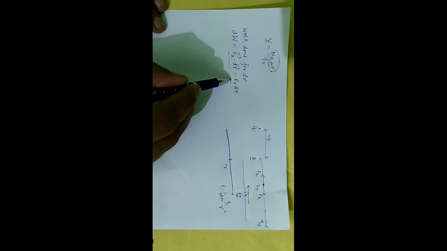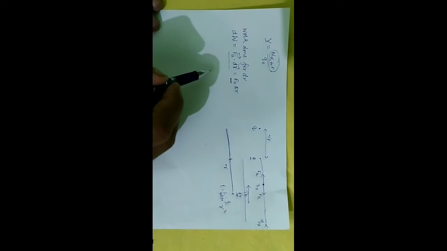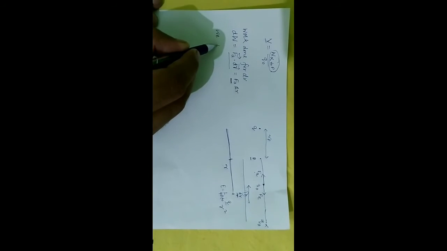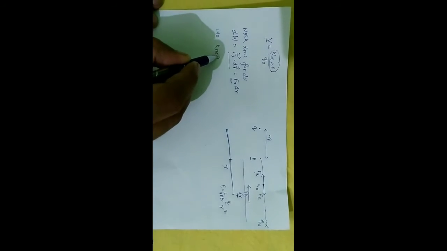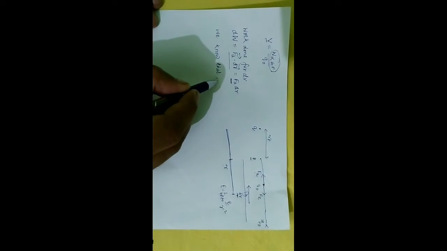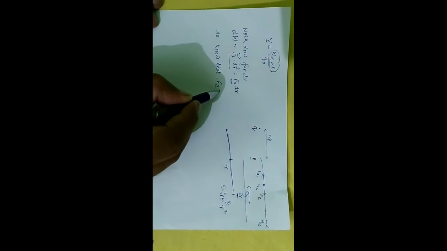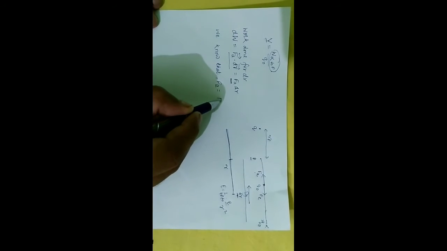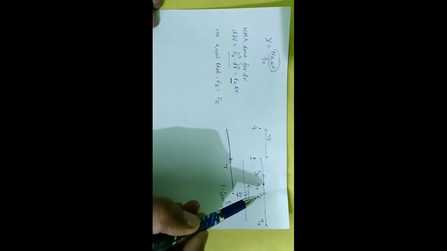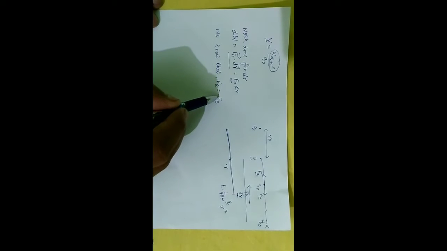Now calculate the value of this applied force. We know that the applied force is always equal to the repulsive force, as we have discussed already, but in the opposite direction, so we introduce a negative sign.